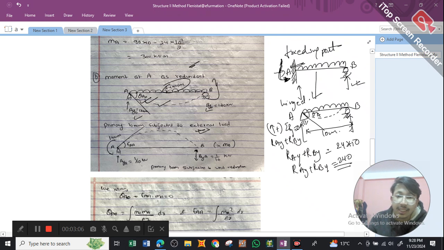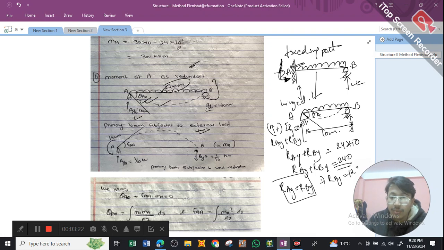In this case scenario, we can directly write RAY equals RBY, because there are only two forces acting. It's just a simple trick. So we have our value of RAY as 120 kilonewton.